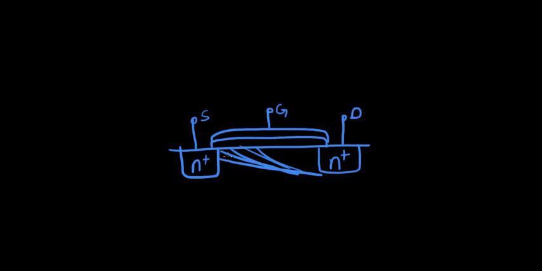But in general, with MOSFETs, we don't generally give voltage to the source. We keep it grounded, and at least for now let's consider it's grounded, and we give positive voltage to the gate, and to the drain we give some positive voltage.